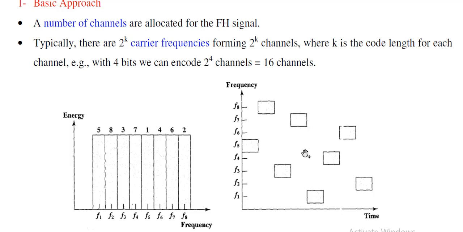Then we'll jump to F7, jump to F1, jump to F4, jump to F6, and then jump to F2, and so forth. Now this jumping is generated by the pseudo noise generator or pseudo random generator that is known only to the sender and the receiver.